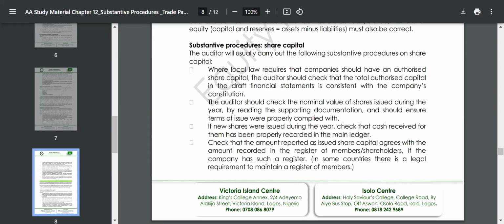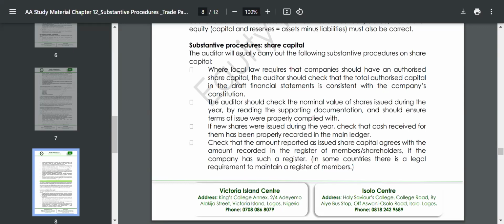So what you're expected to do first is that you must know the law that guides share capital in that country. Take for instance, in Nigeria, there is the Nigerian Exchange and the Securities and Exchange Commission. These have regulations and laws on how share capital should be managed, even the listing and all of that.